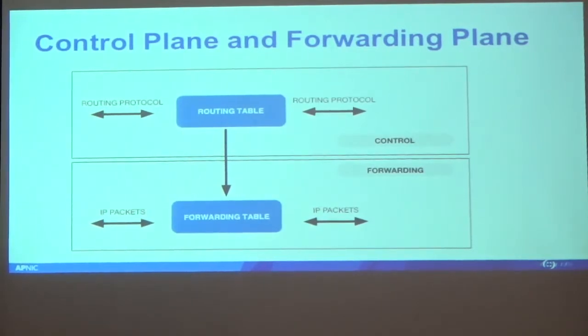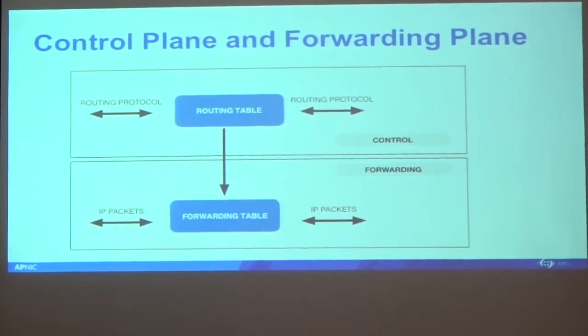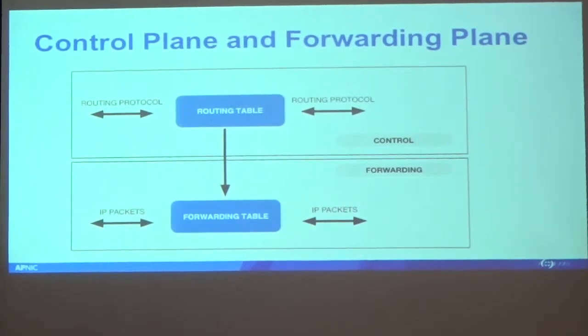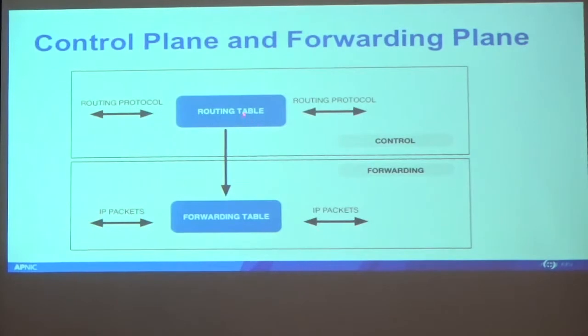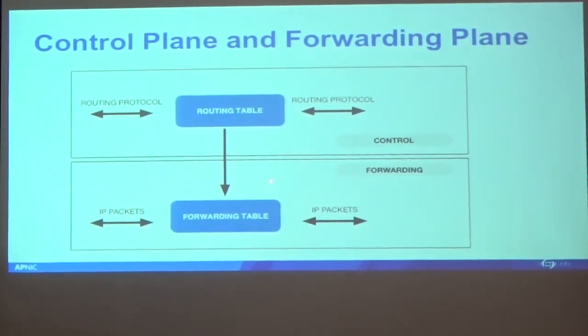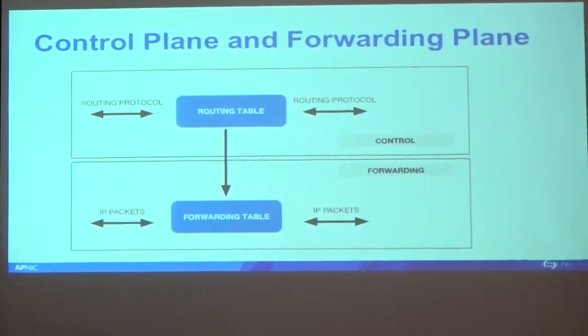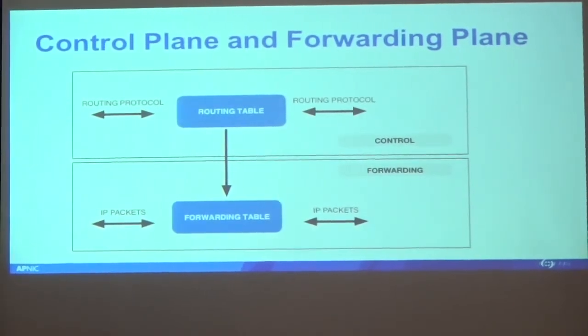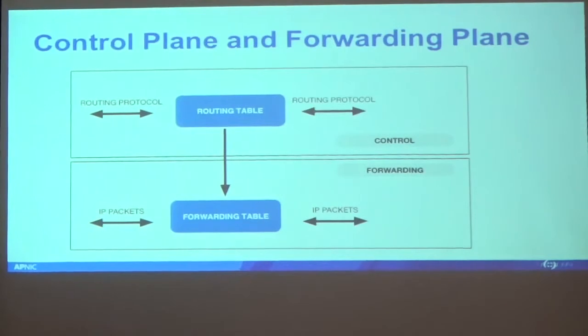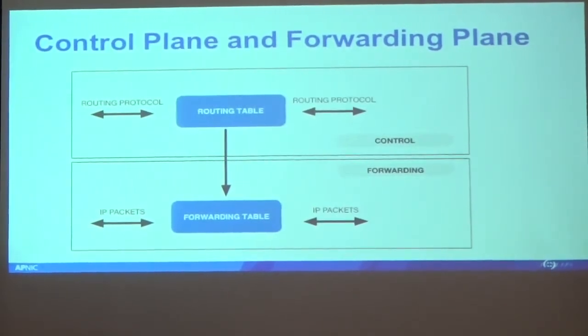You learn about all those routes through your peers or your neighbors. Now, this other part is your forwarding plane. In a lot of ways, the control plane controls how this works. Your forwarding table is how you forward the packets, but it depends a lot on the information that you got from your control plane.